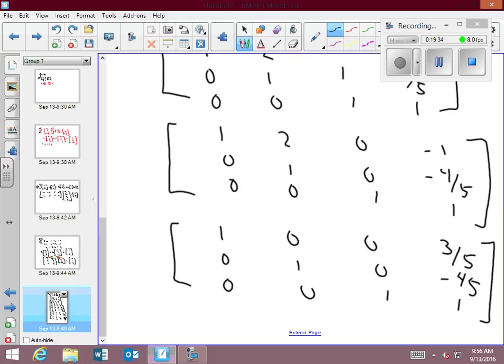Now, what are they telling me to do? Which number am I on? 12. Solve the system and write the solution as a vector. Here's the vector.